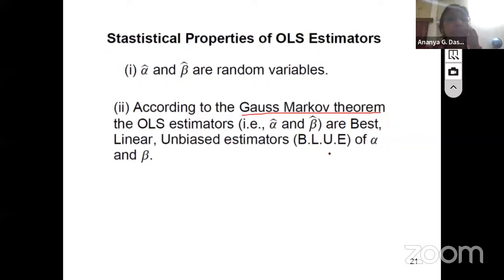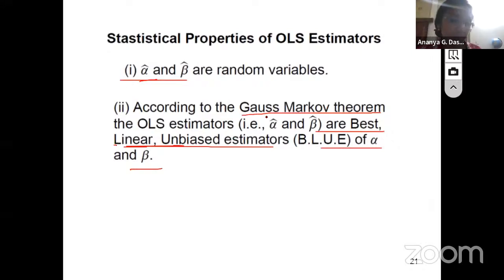I'm just going to state it. I'm not really going into it in much depth. Alpha hat and beta hat have certain statistical properties. They are the best linear unbiased estimators of alpha and beta. Remember, alpha and beta are just numbers that you don't know, right? So you're using these formulae, alpha hat and beta hat, to estimate them, and you're getting estimates with any particular sample.